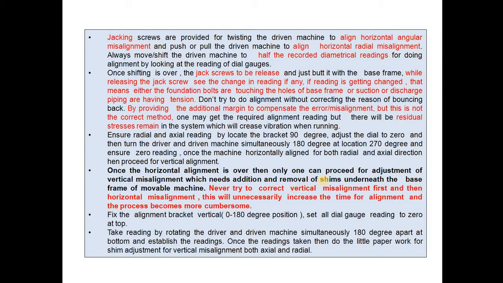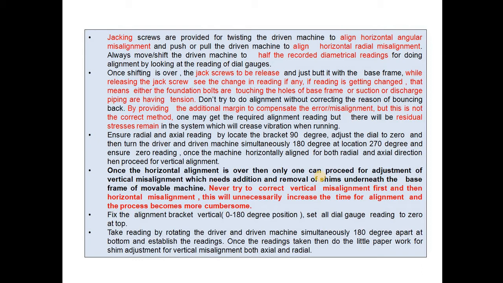We have to do the horizontal, radial and axial adjustment, alignment first. For that, we have to keep the dial gauge horizontally at the 90 degree position, set both axial dial gauges and the radial dial gauge to the 0 position, rotate the drive shaft simultaneously to the 180 degree and 270 degree positions and check the readings.